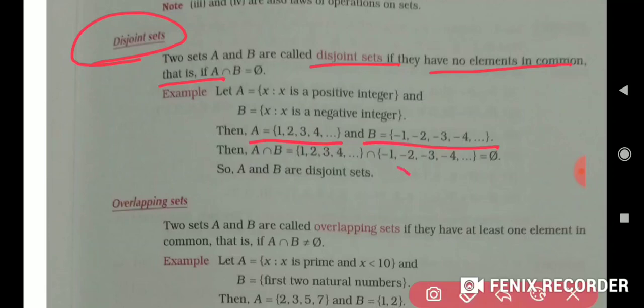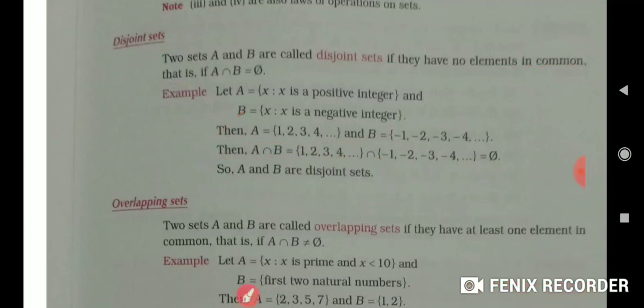So disjoint means that no element common should be there. In simple words, a set in which there is no common element is known as disjoint set.